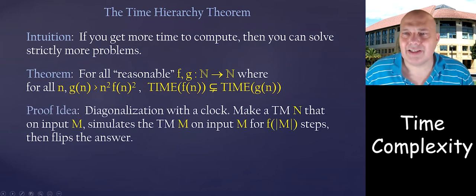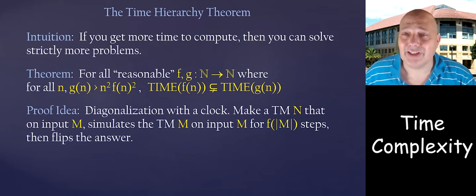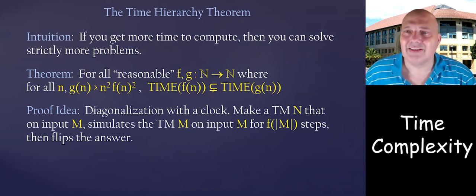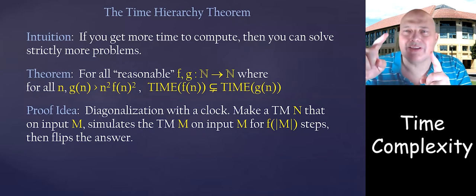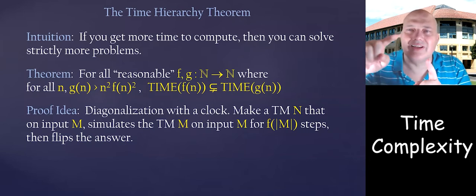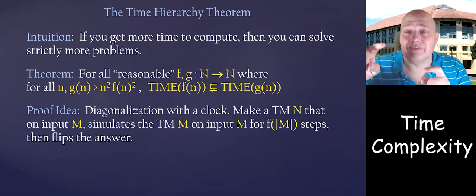The proof idea is to do diagonalization like we proved for ATM, but now we're doing diagonalization with the clock. So previously, if you remember the diagonalization argument, we had this matrix, we have machines here and inputs here. And now we're going to talk about machines here, not all machines, but all machines that run in time f of n.